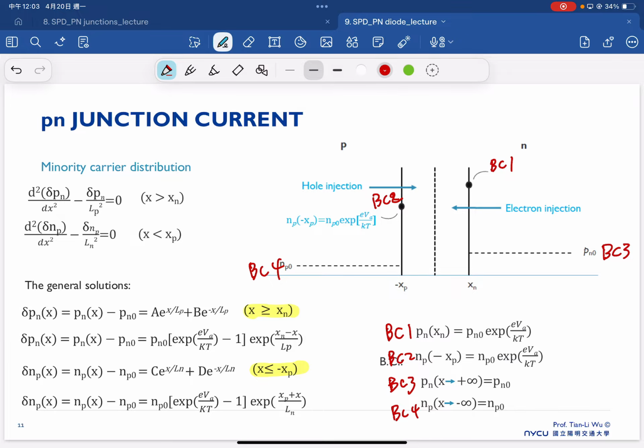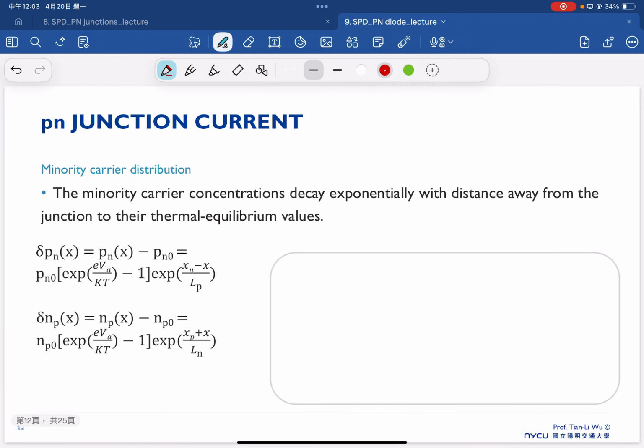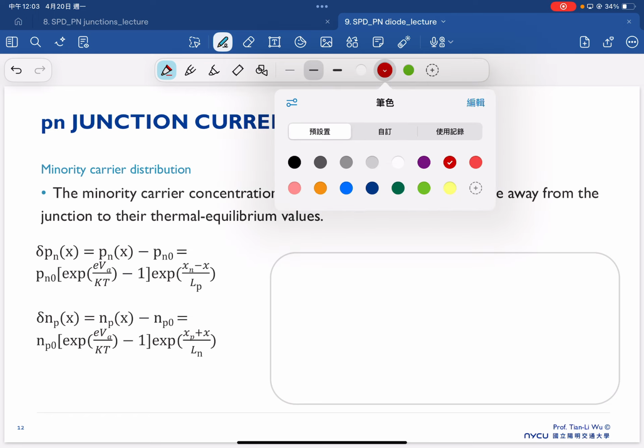So finally, we can get this conclusion about the minority carrier concentration.